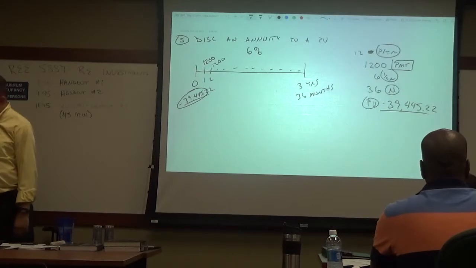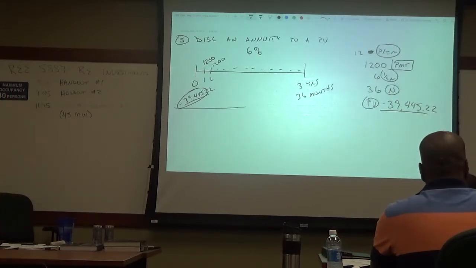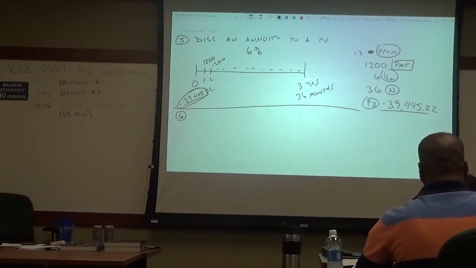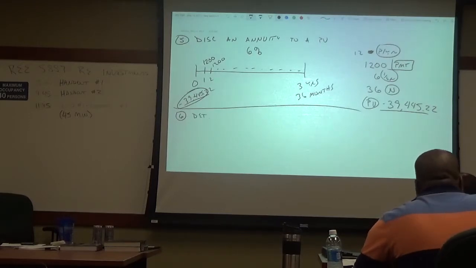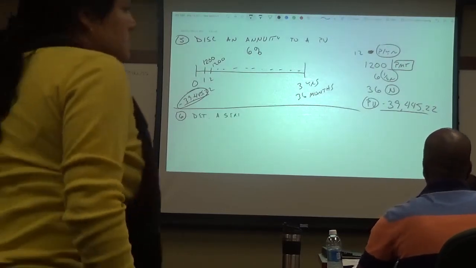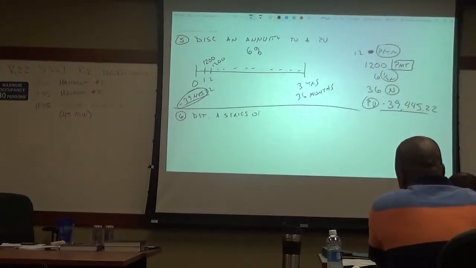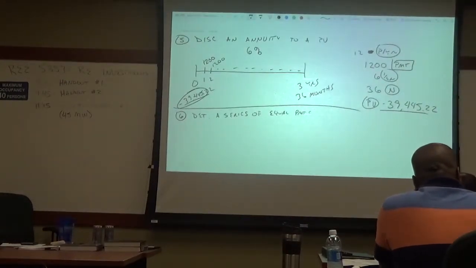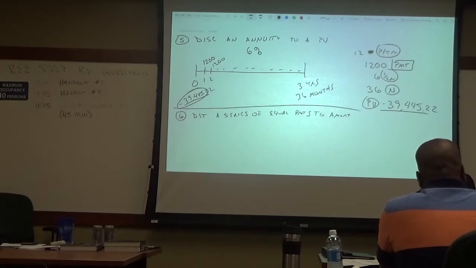All right. Number 6. Determine a series of equal payments necessary to amortize a present value.